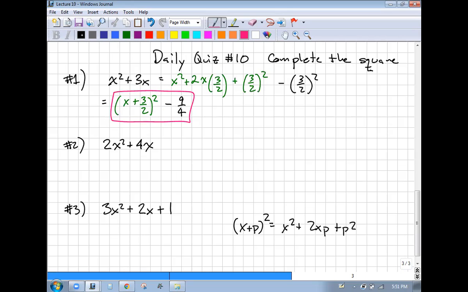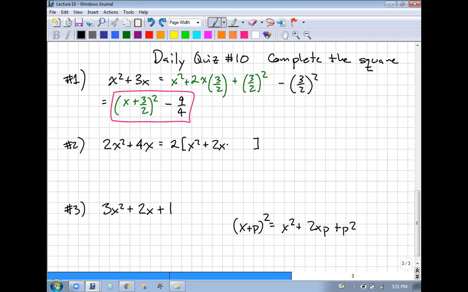Okay. So now this guy, I threw some 2's in there. Let's factor out a 2 first. This is x squared plus 2x. Right? So what is the p here? What is the p value?